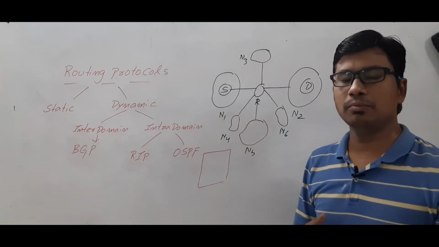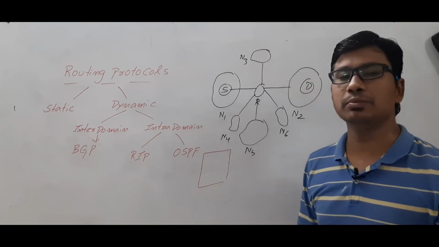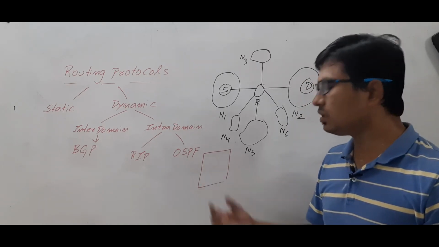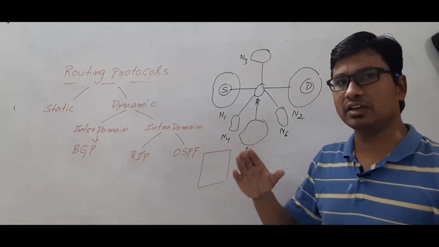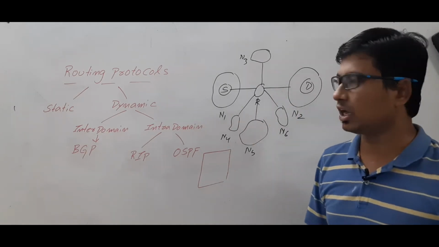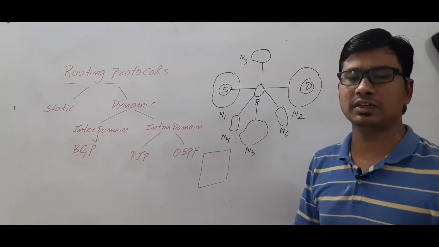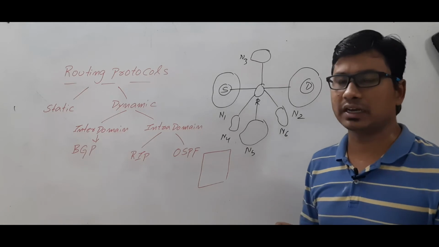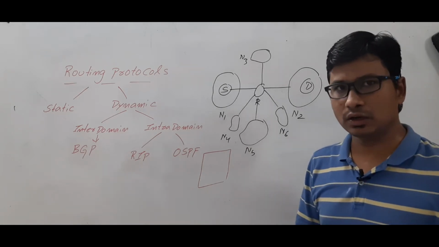Using the routing table, they will forward the packet from source to destination. I hope you have understood what routing is. A lot of people consider that routing is forwarding the packet. No, it is the construction of the routing table by the router.